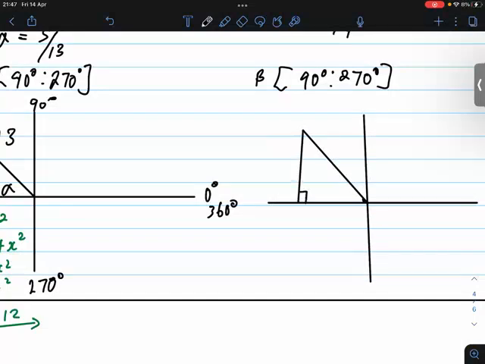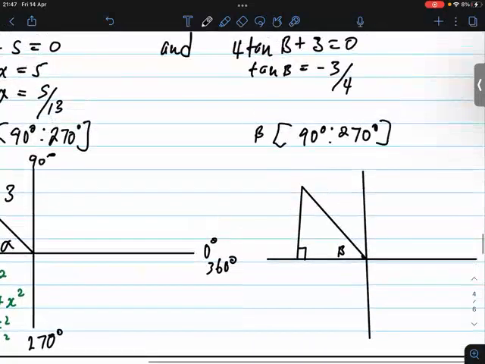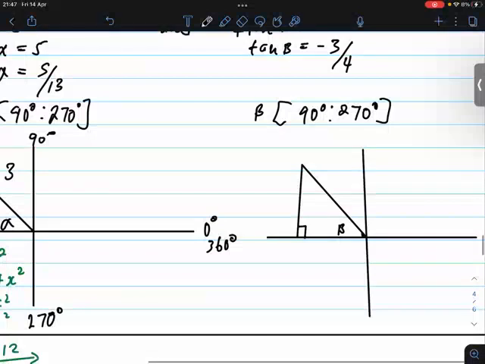And then that is beta. So tan is opposite over adjacent, agree? Yes, sir. Tan is opposite over adjacent, right? Right. And then we know tan is opposite over adjacent.